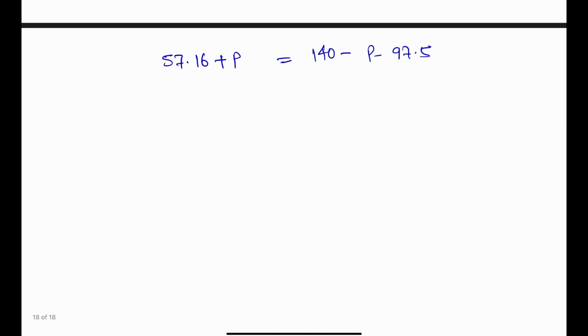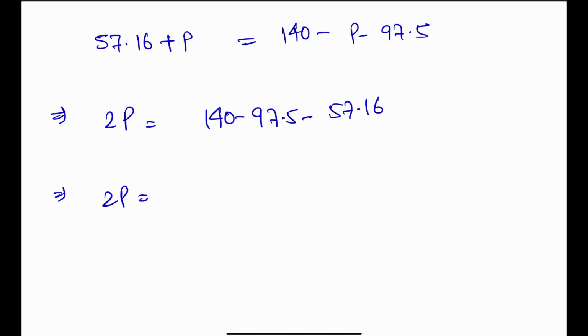That will be our selling price. First of all, we have to find the value of profit. So 2P will be 140 minus 97.5 minus 57.16. So our 2P will be equal to the summation of this one.